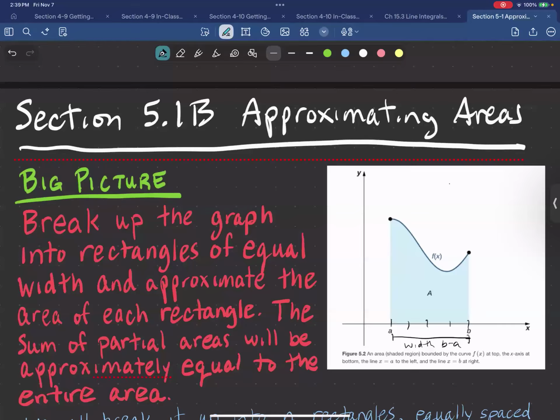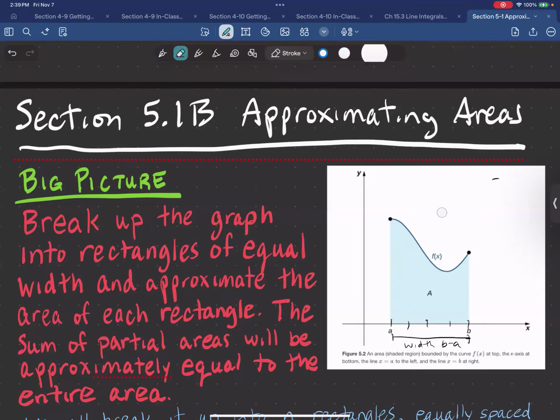So I have a width of b minus a and 4 rectangles, so I can divide this by 4. Okay.